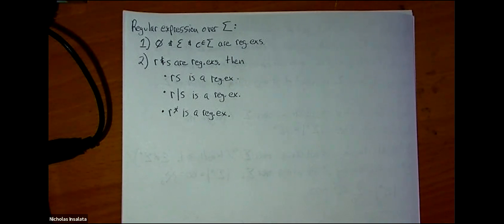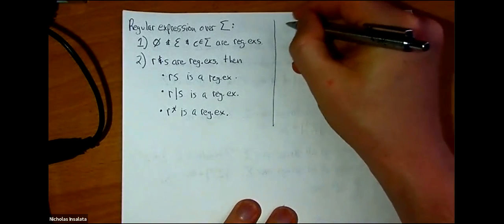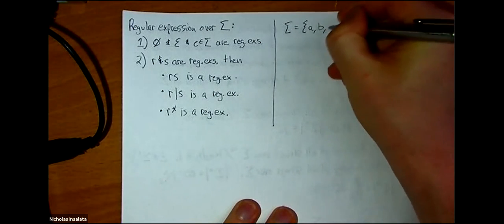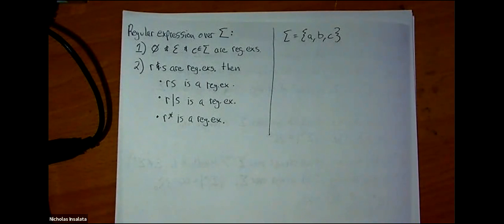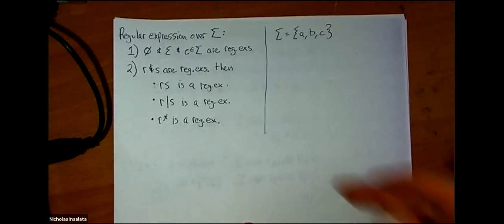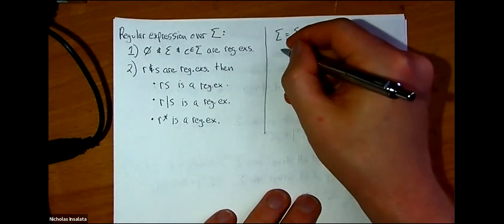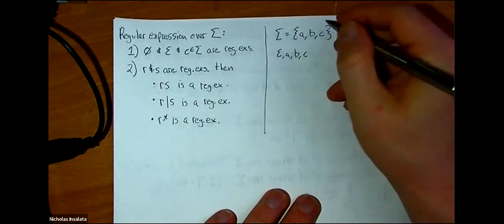Okay. So let's have, as an example, sigma be the alphabet ABC. Okay. So here's a regular expression over sigma, right? Let's list out a few of them, okay? So first of all, the empty string and A and B and C are regexes.